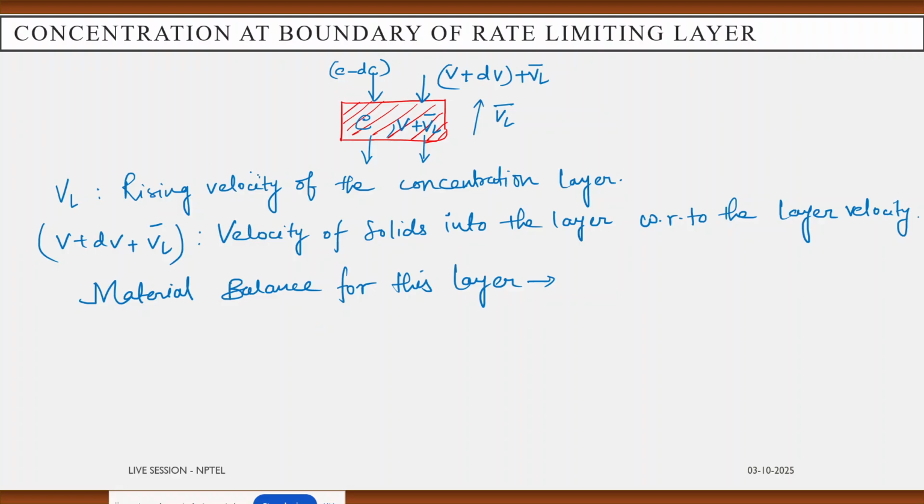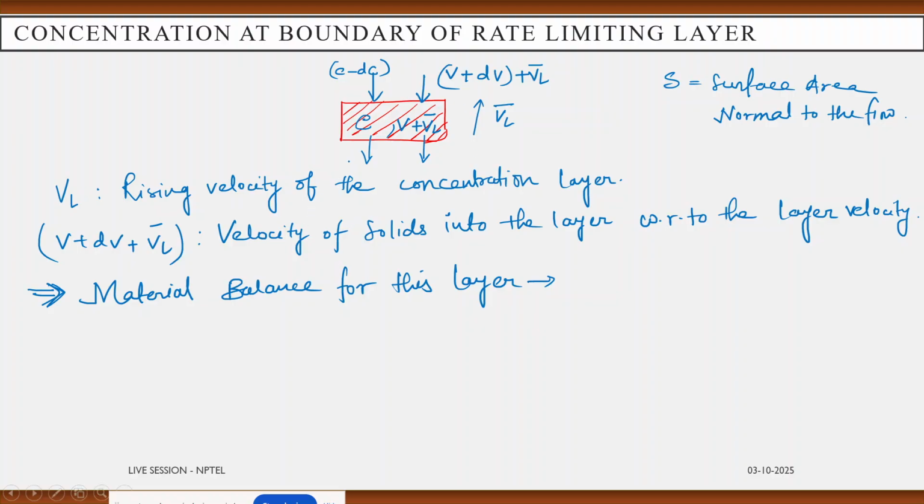For this, S is the surface area normal to the flow. Now you do the material balance and let me know what it will be.